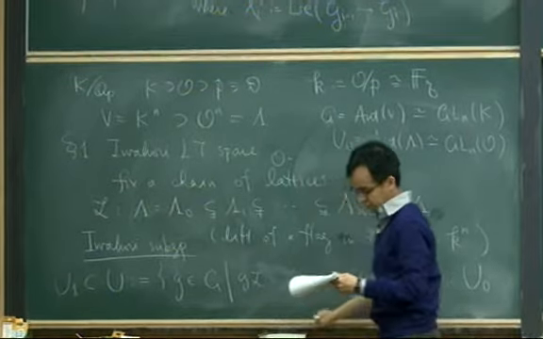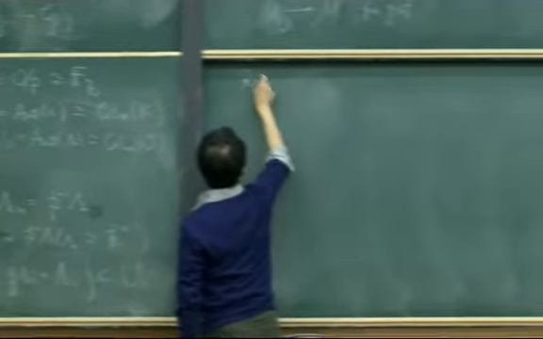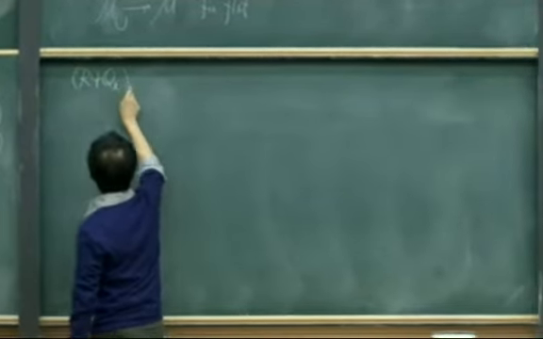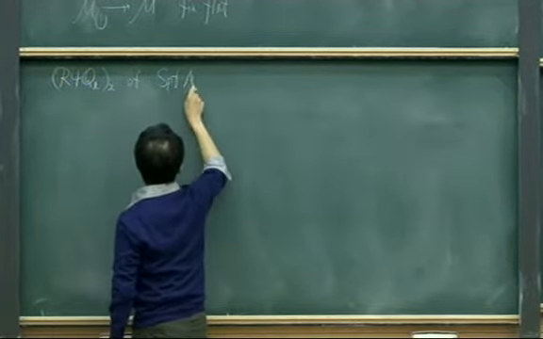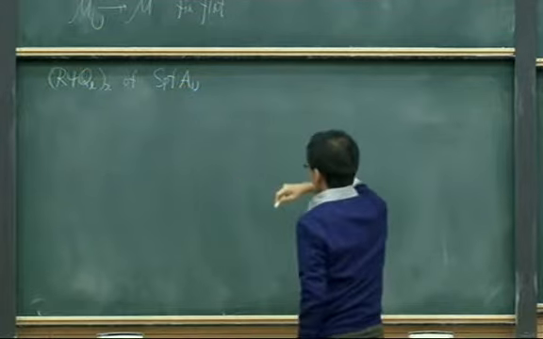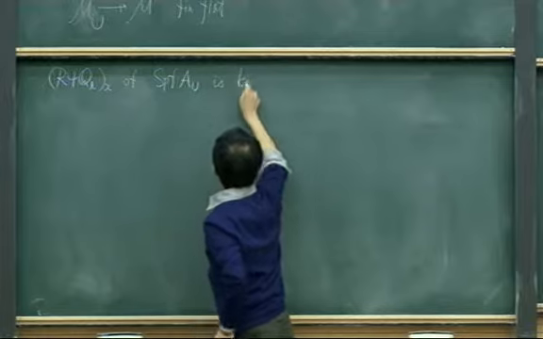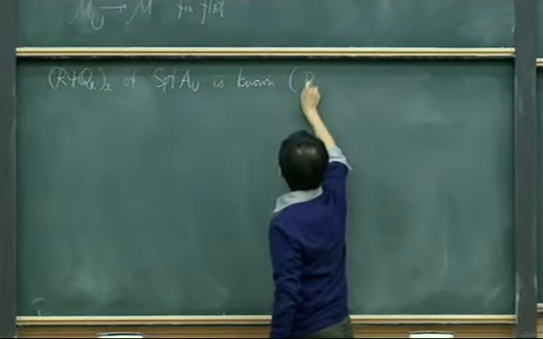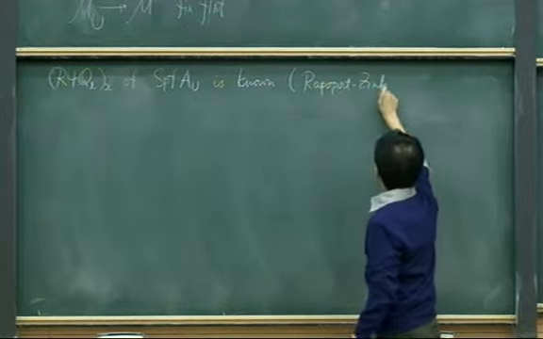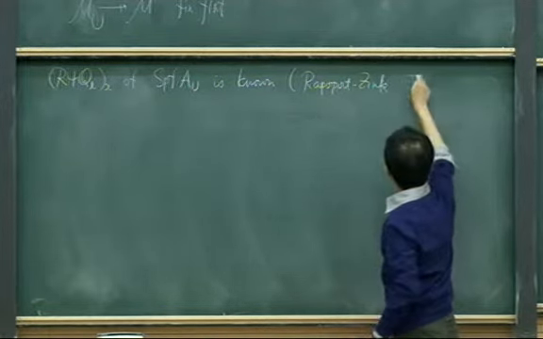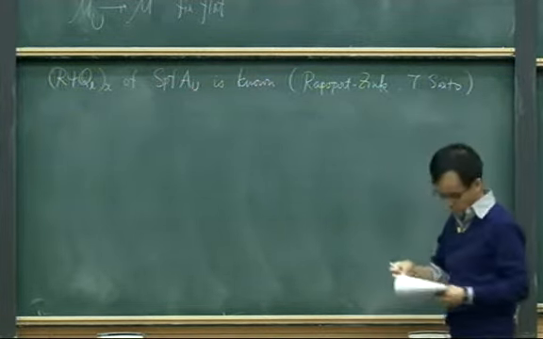So that's not so deep. So the nearby cycle of this kind of ring is known by a different work of Rapoport-Zink, much earlier than Rapoport-Zink space and T psi 2.